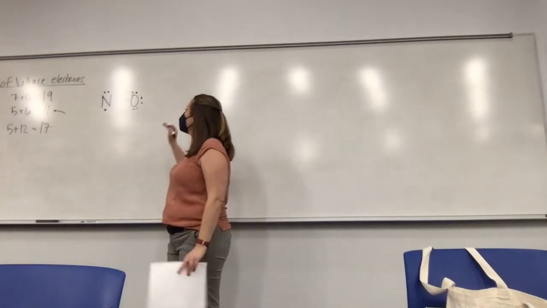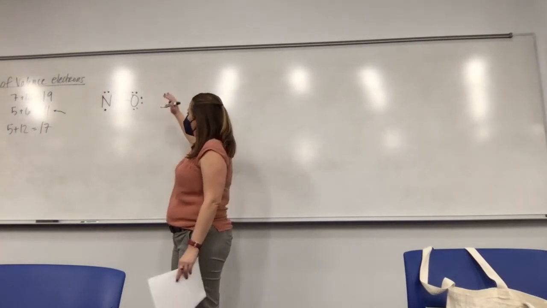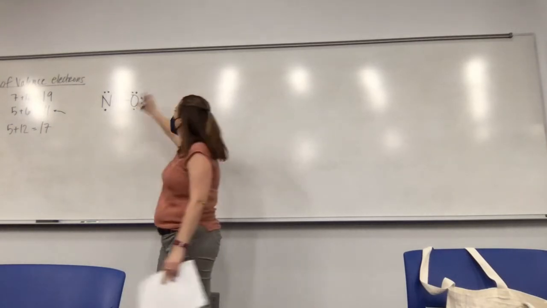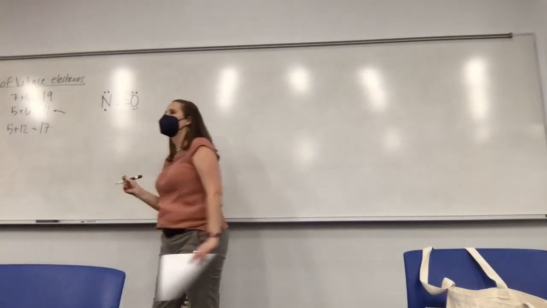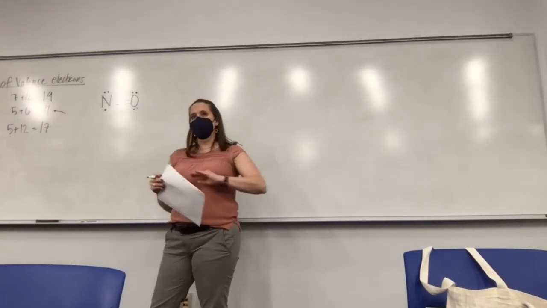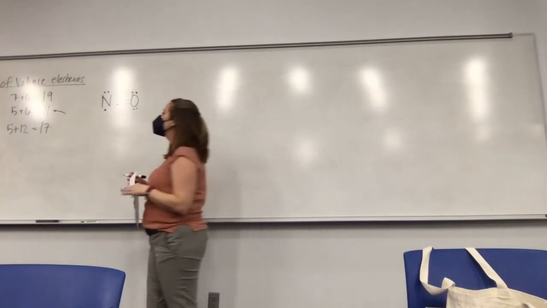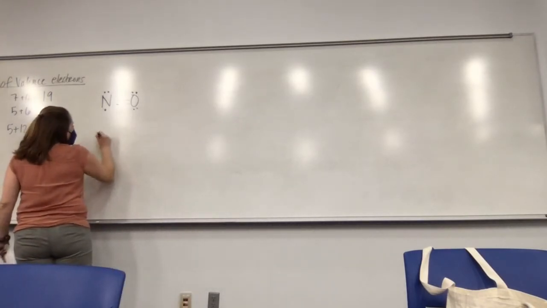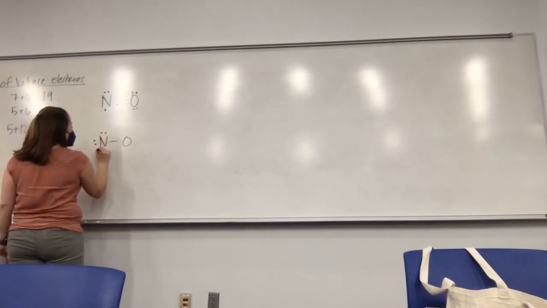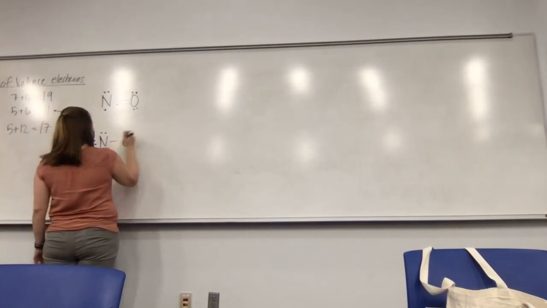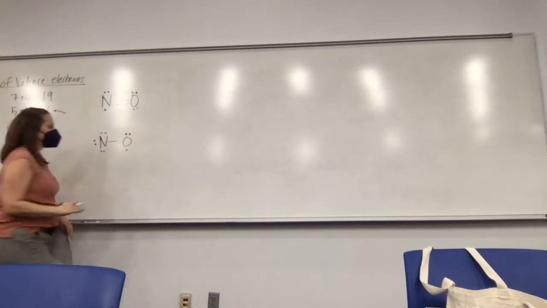In this case, I'm going to try to get closer to octet by creating a double bond. Now, I give octet to oxygen first. There's only 2 choices. Alternatively, you could have started with nitrogen and said 2, 4, 6, 8, 9, 10, 11.